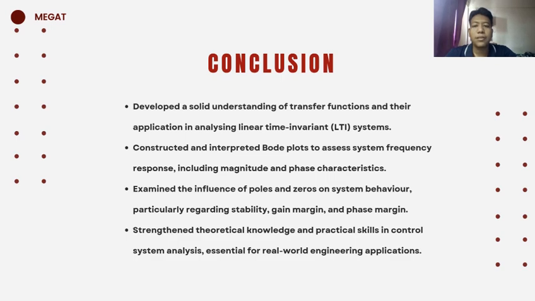Fourth, we strengthened theoretical knowledge and practical skills in control system analysis, essential for real-world engineering applications. These outcomes highlight the importance of foundational system analysis techniques in both academic and practical engineering contexts.